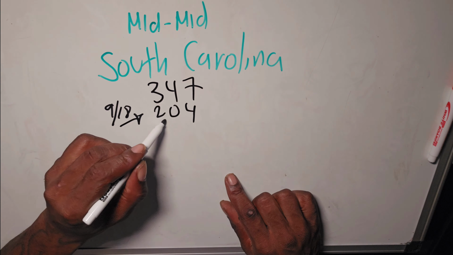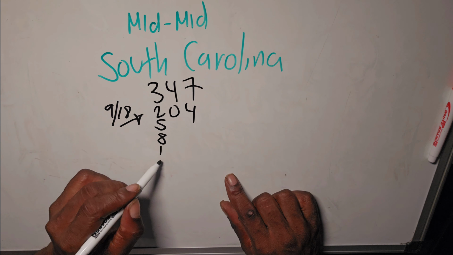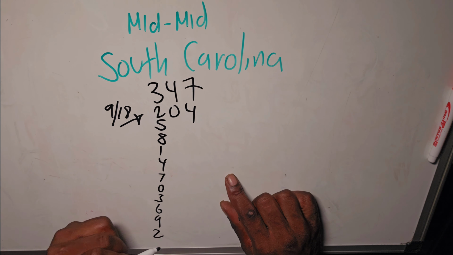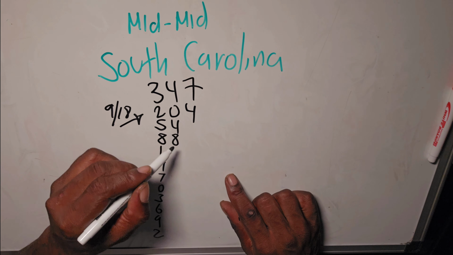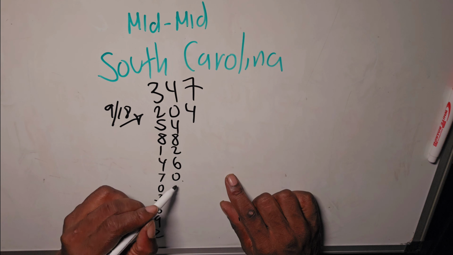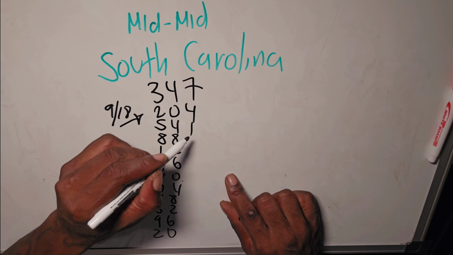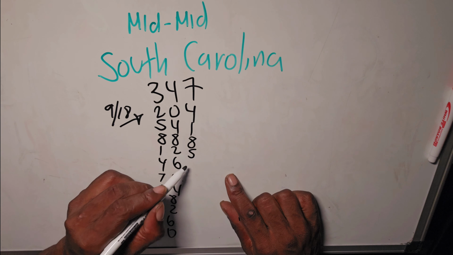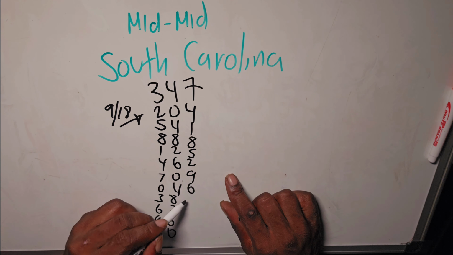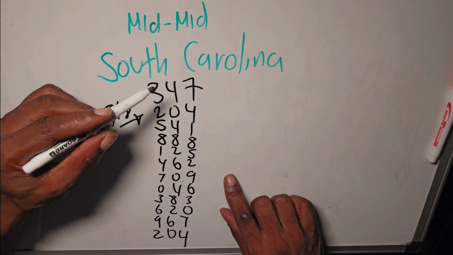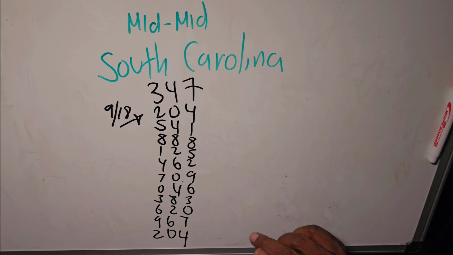I'm gonna show you the 919. 1 4 7 0 3 6 9 2 4 8 2 6 0, 4 8 2 6 0 1 8 5 2 9 6 3 0 7 4. So we have our 347 rundown.